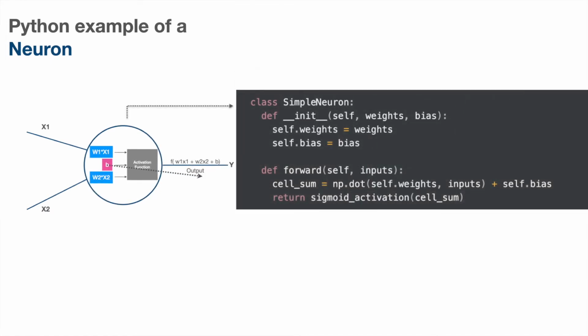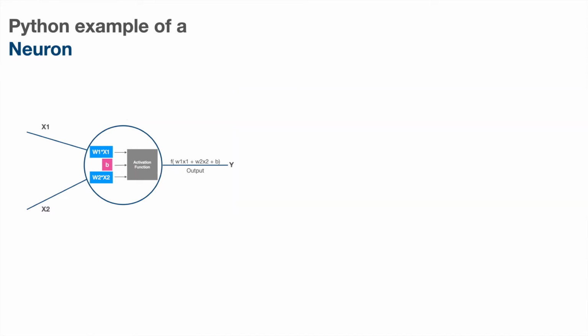The init function takes weights and biases as input and assigns it to the corresponding variables. The forward function takes inputs x1, x2 in our example and multiplies them with the weights that are initialized. This function will add bias to the weighted sum, and finally it calls the sigmoid function with the calculated values.